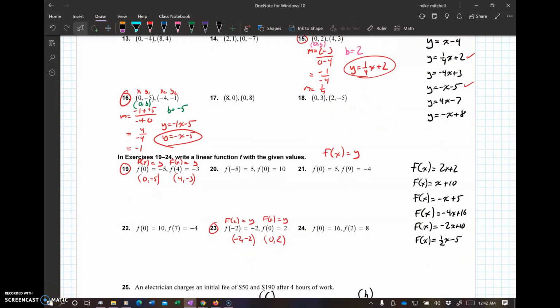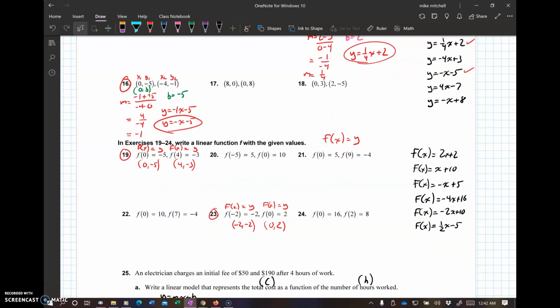Okay, another step up in the difficulty for 19 to 24. Remember, f of x and y are the same thing. So we've had y equals mx, we've had y equals mx plus b. We're going to be thinking, okay, f of x, or the function of x, equals mx plus b now.